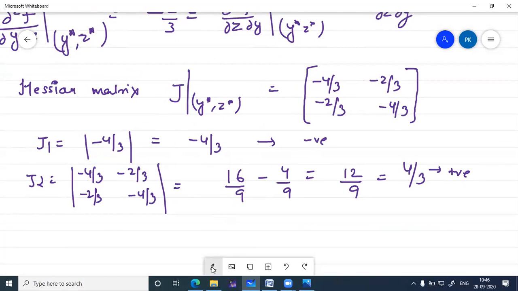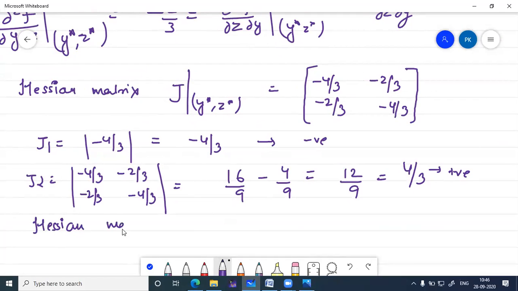You can write: Hessian matrices is negative definite.